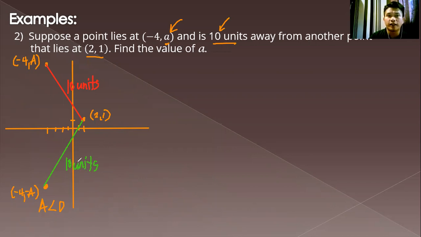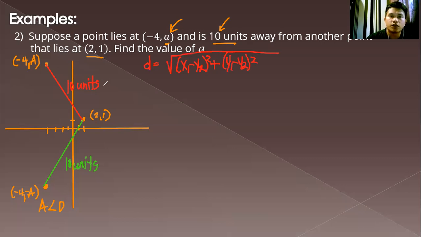Kailangan nating kuhanin yung point a. Alam natin na the distance is 10 units from (2, 1). So we use the distance formula: D equals the square root of (x1 minus x2) squared plus (y1 minus y2) squared.